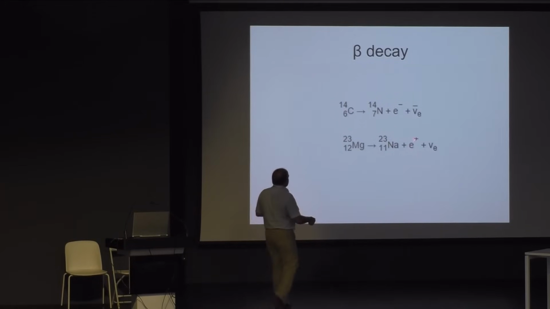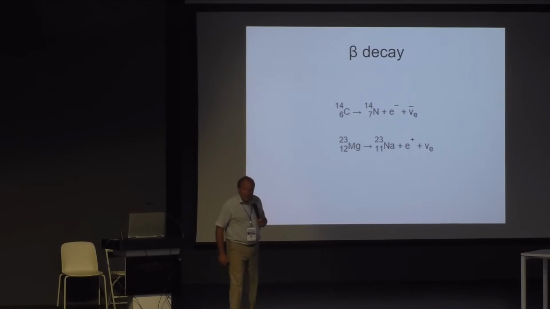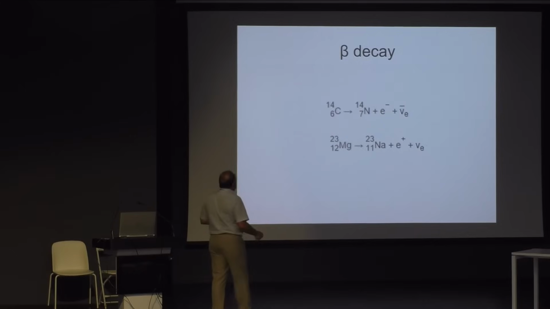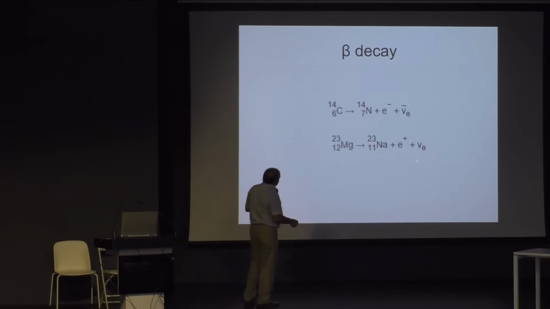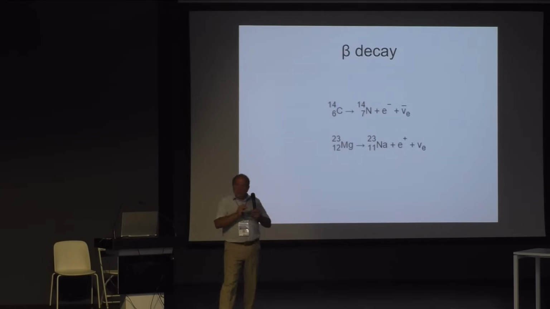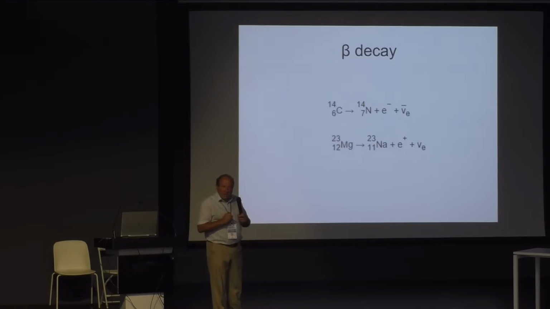Okay, and this? A positron, the antiparticle of the electron. Perfect. This is the additional particle. It's an electron neutrino. I said that the neutrinos form a family. I will discuss that in a few minutes.